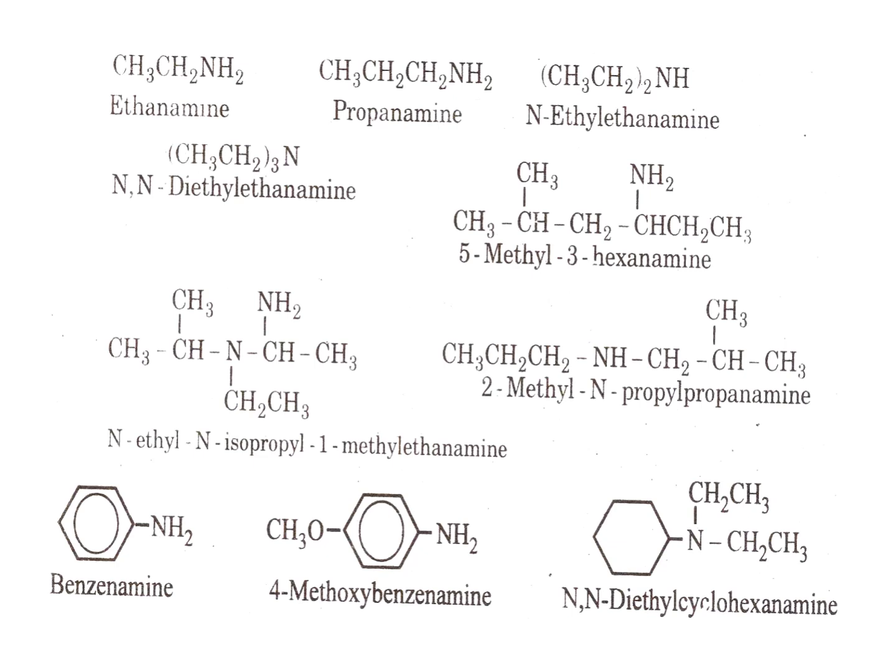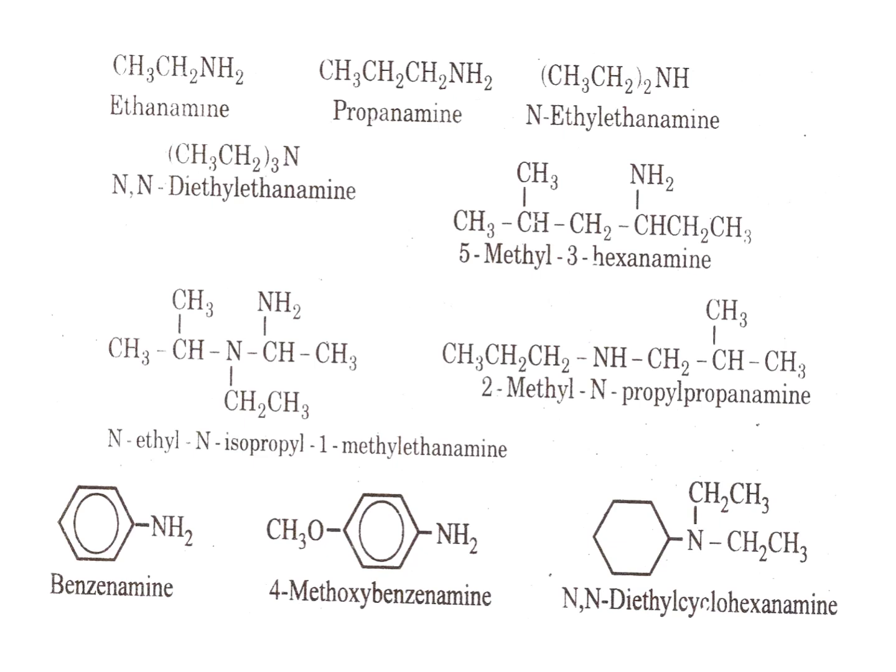Yes, the numbering will be started from the side where the amino group will get the lowest position. So if we start numbering from the left hand side, the amino group will get position 4.